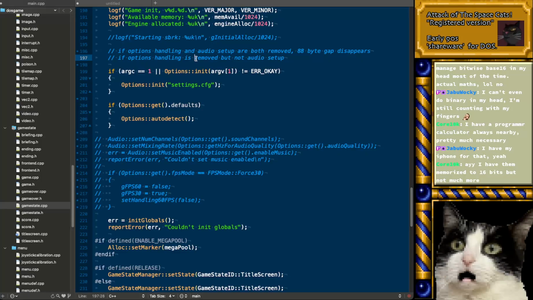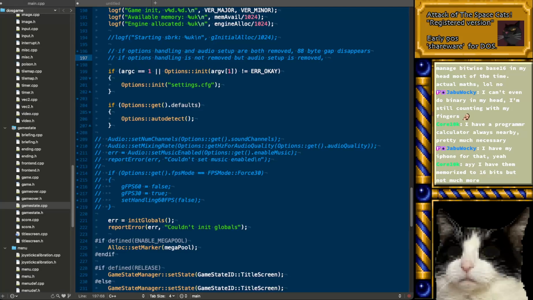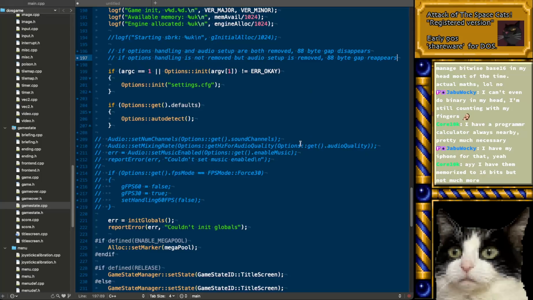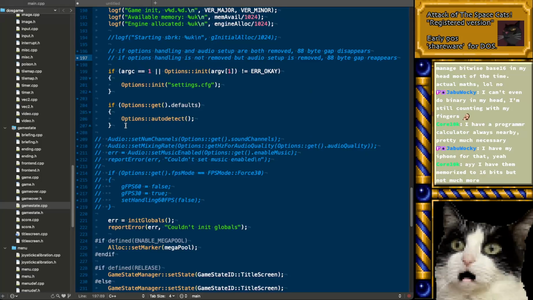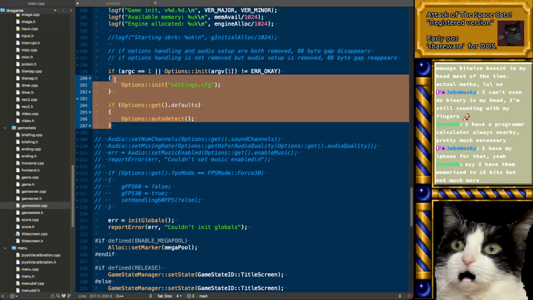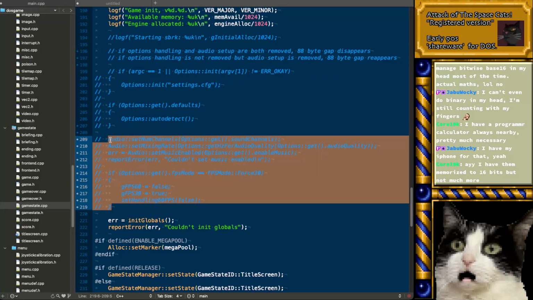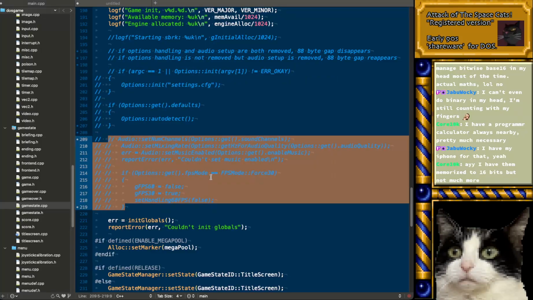If options handling is not removed, but audio setup is removed, the gap reappears. I'm sure there would be a much nicer way of writing that sentence, but whatever. Right, now I seem to recall commenting one out, commenting the other one back.